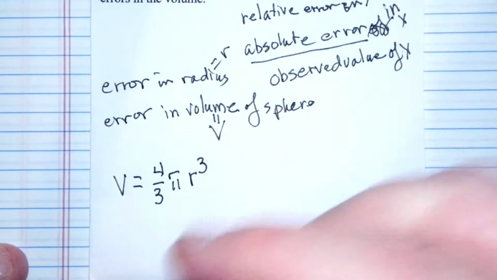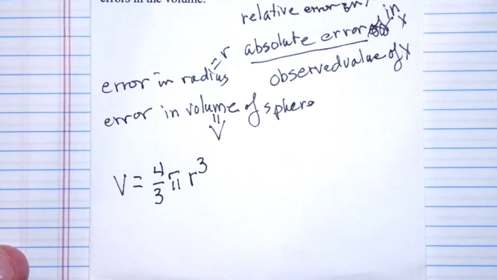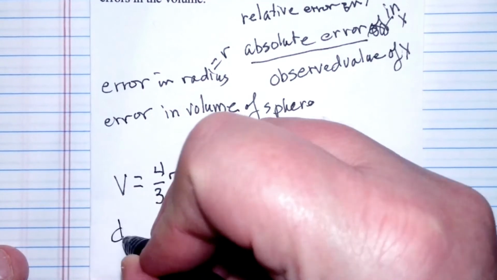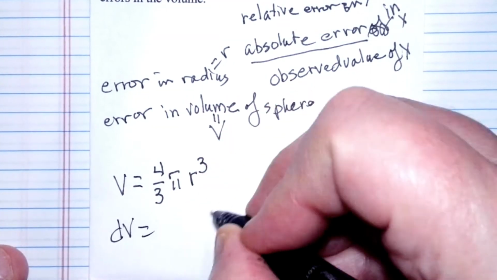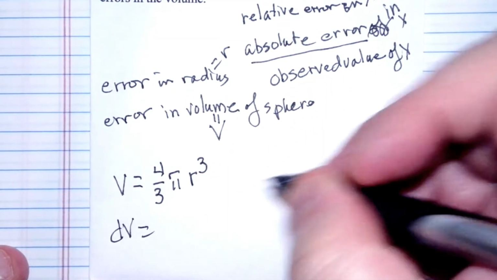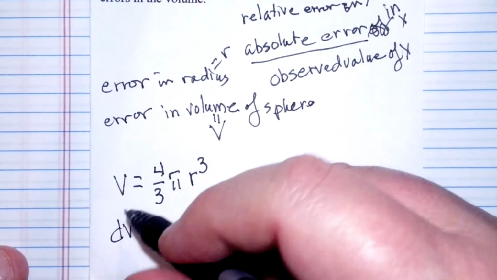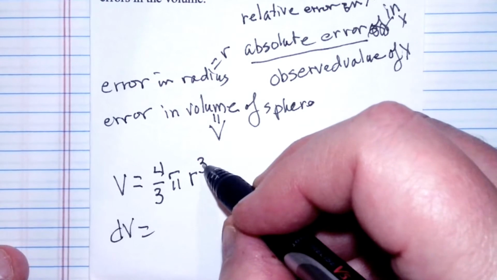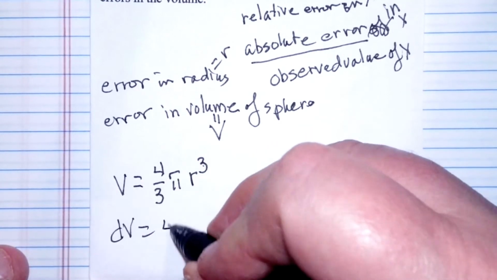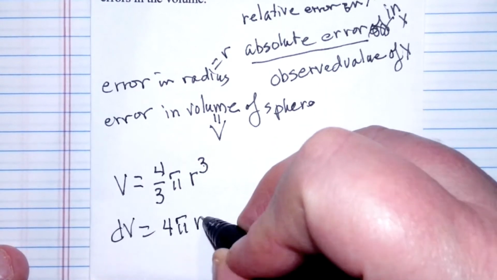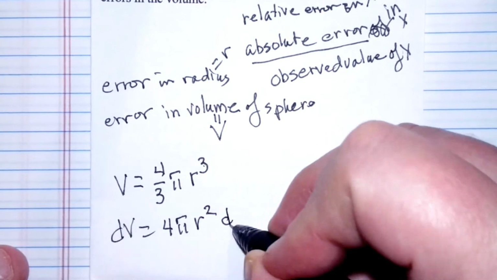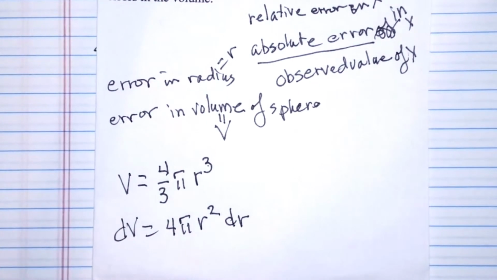Alright, so now we need to find the differential. dv on the left side, and on the right side we differentiate, find the derivative, and multiply by dr. Let's see, bring the 3 down here. That's going to be 4 pi r squared dr. Alright, so what do we use for r?